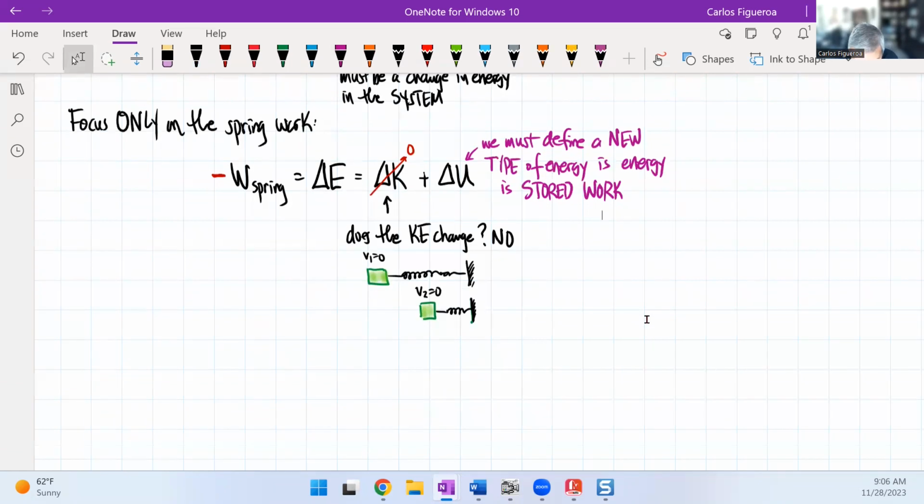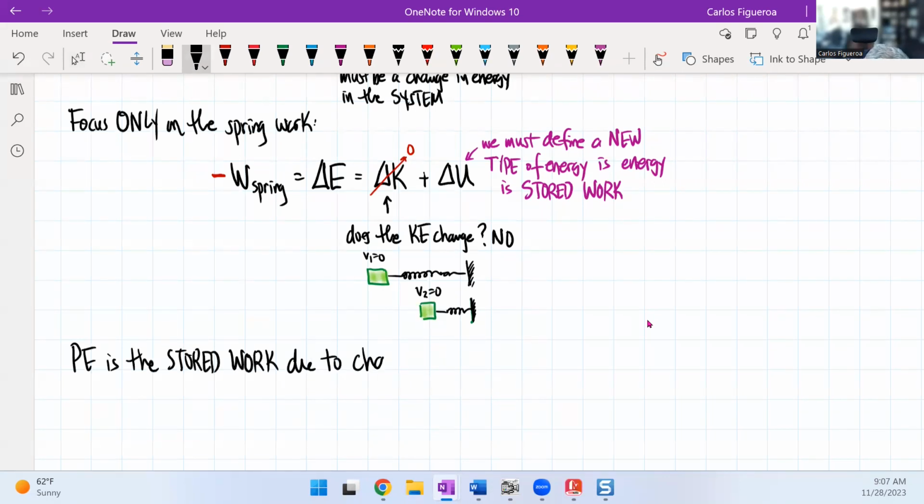So potential energy is the stored work due to changes in position. Then we have to ask another question.